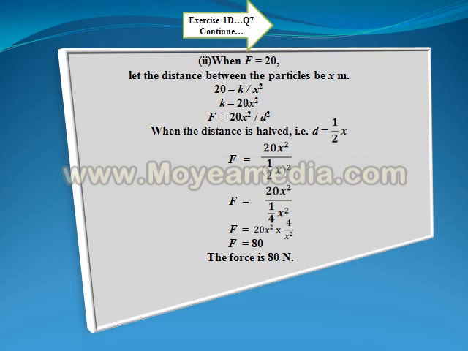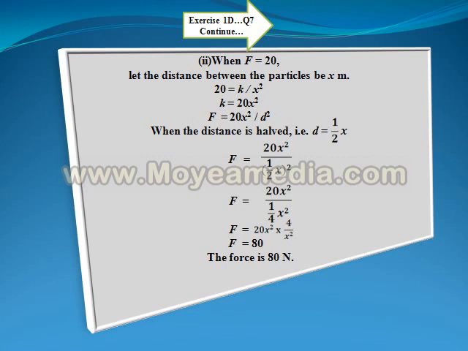Okay, now in the same part it says what will happen with the force if we bring the two particles to half of the distance, what was in case of 20 Newton force, as I told you. So we assumed here that certain distance is x meter.